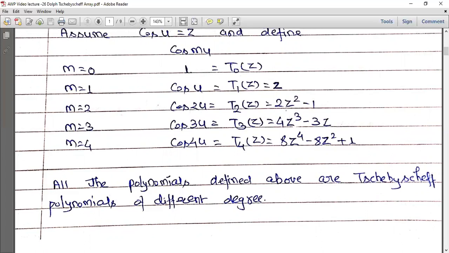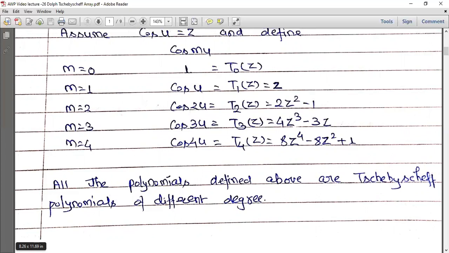For m equals 2, we define 2z square minus 1 as T2(z). For m equals 3, we define 4z cube minus 3z as T3(z). For m equals 4, we define 8z to the power 4 minus 8z square plus 1 as T4(z), and so on. You can do it for many different values of m. It depends on the demand of your design, up to what number of antenna elements you want to design the Chebyshev antenna.